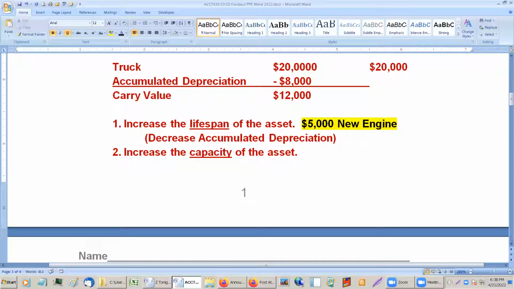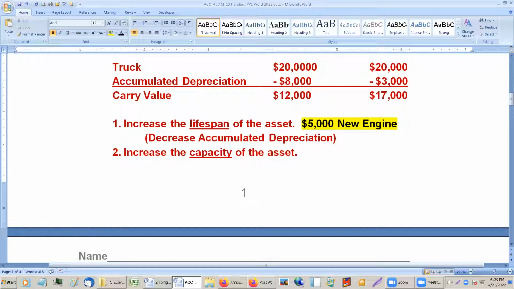We would decrease the accumulated depreciation by 5,000. So that'll be 3,000. And so the carry value would be 17,000.